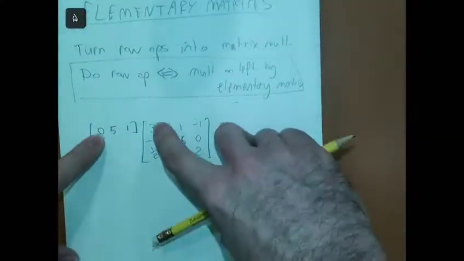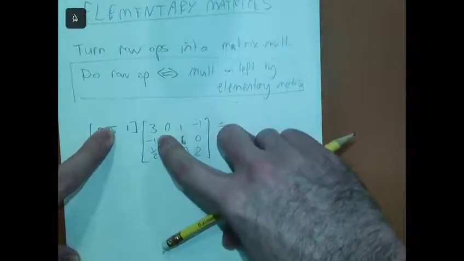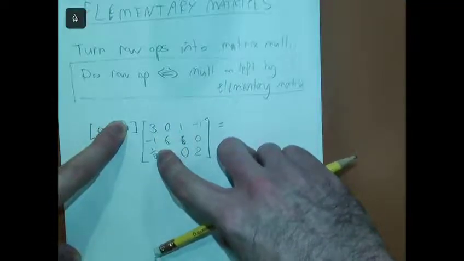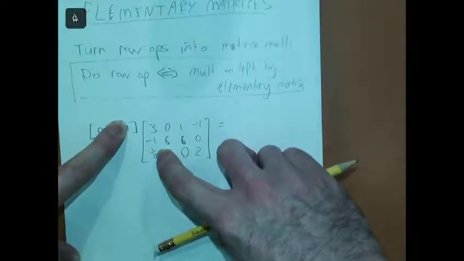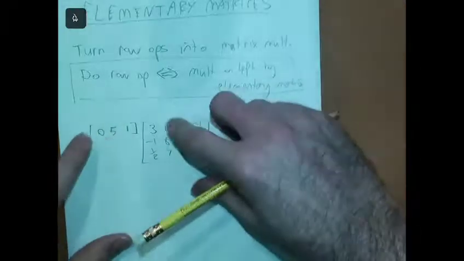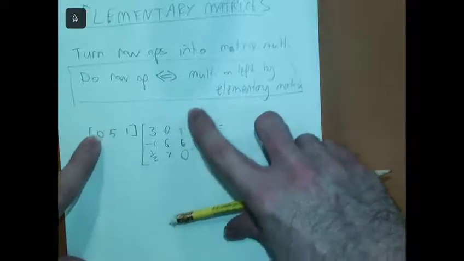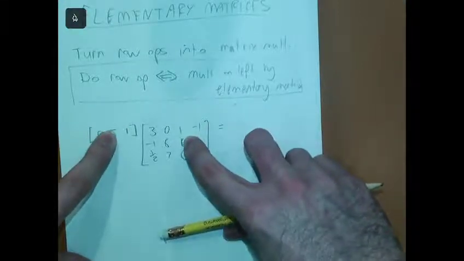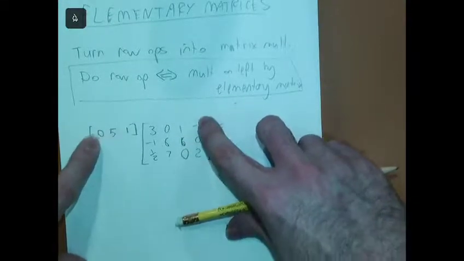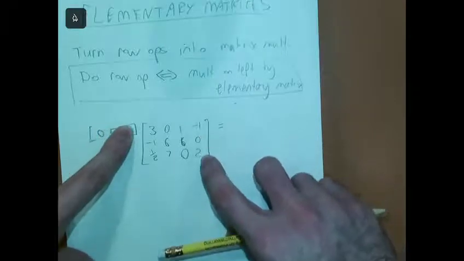I'm going to get 0 of that, and 5 of that, and 1 of that, and the same for each of the other columns.